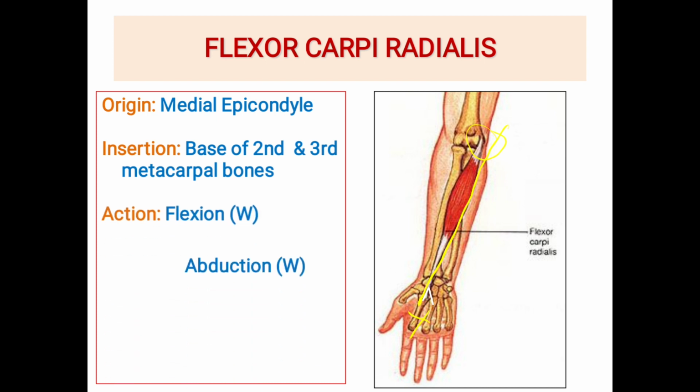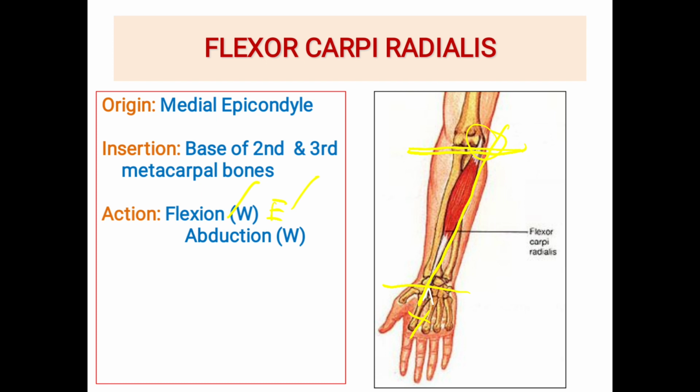So I will add letter E right here. Letter E, elbow. Okay, so since the flexor carpi radialis is crossing the elbow, it can flex the elbow, and since it is also crossing the wrist, it can flex the wrist. So the W is the wrist, and I add the E, the elbow.